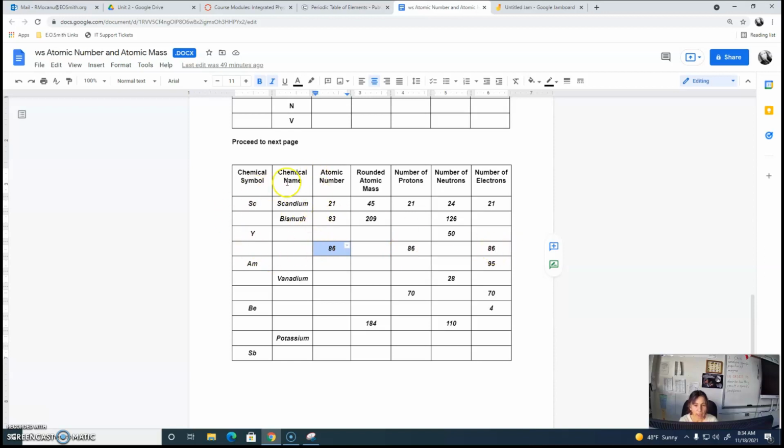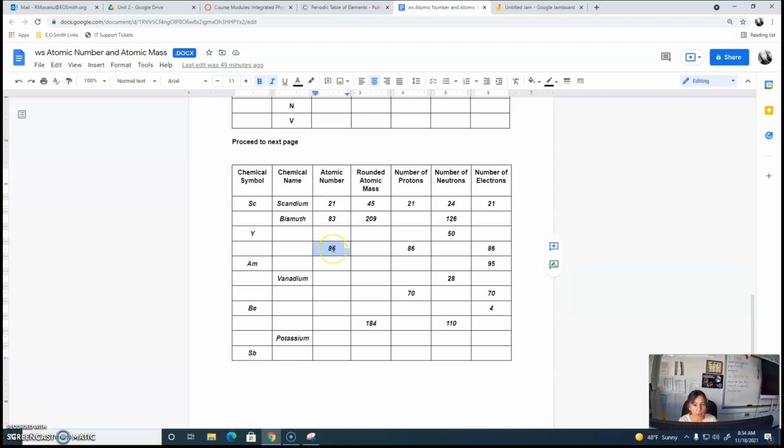So how do I find out what chemical name and chemical symbol I have for this? Well, the atomic number tells me. The atomic number is like the fingerprint of an element. Every human being has a unique fingerprint; nobody else has a fingerprint like that human being. The atomic number for an element is the same thing. No two elements have the same atomic number. If we know the atomic number of an element, then we automatically know what that element is.